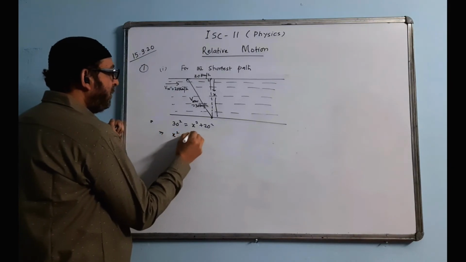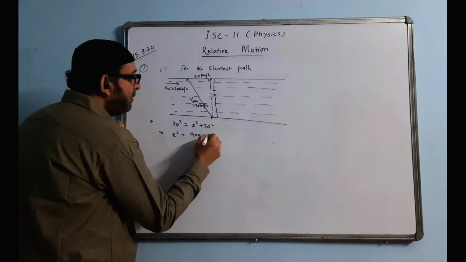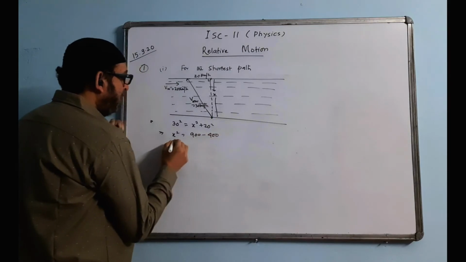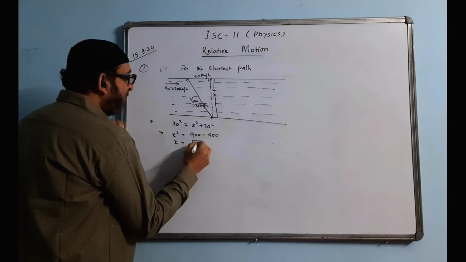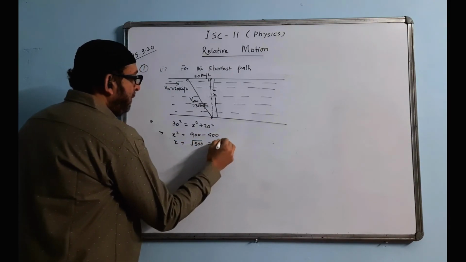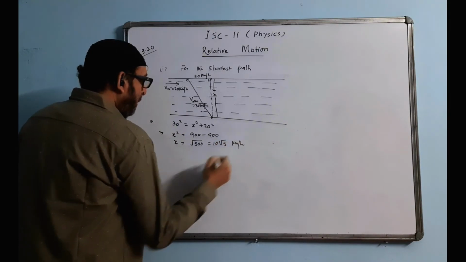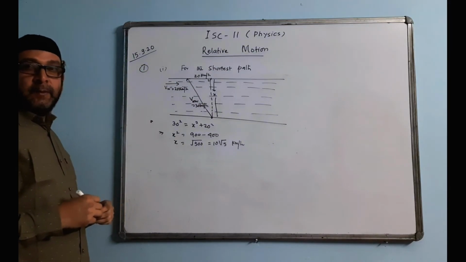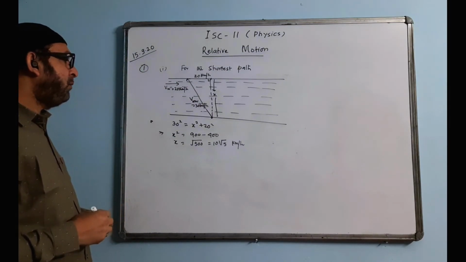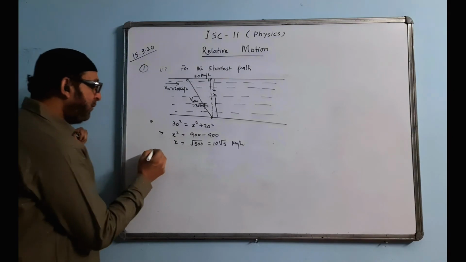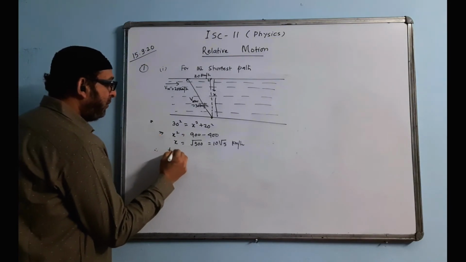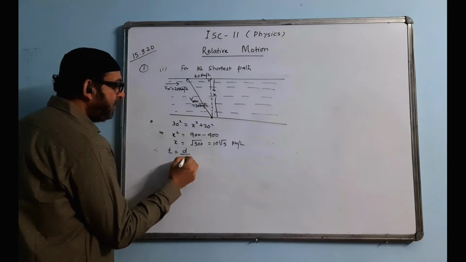X square will be 900 minus 400. X will be root 500, that is 10 root 5 kilometer per hour.